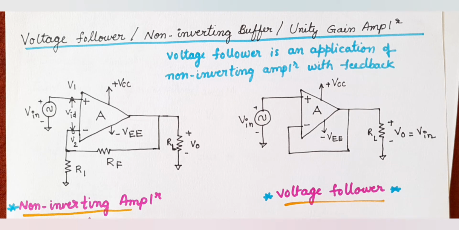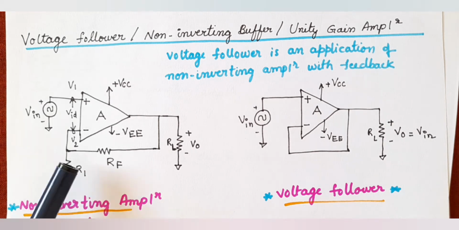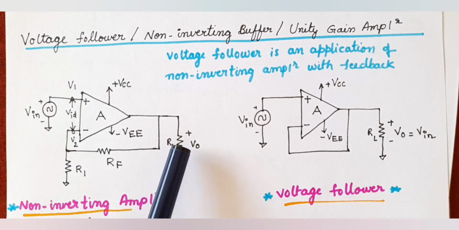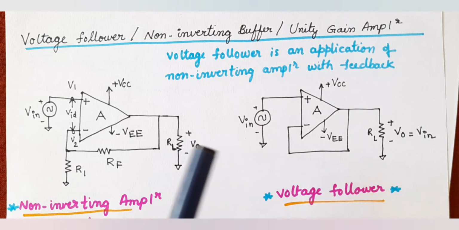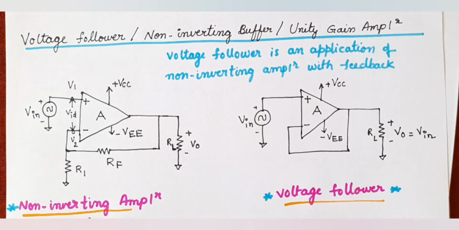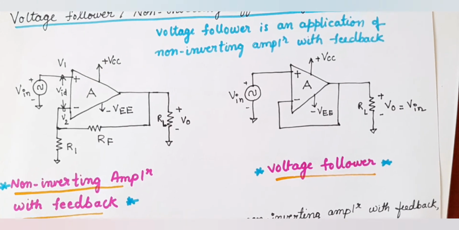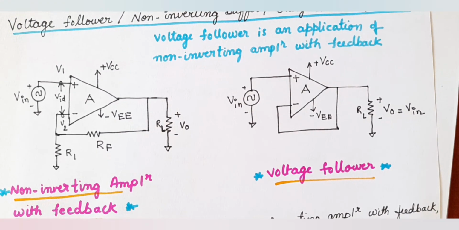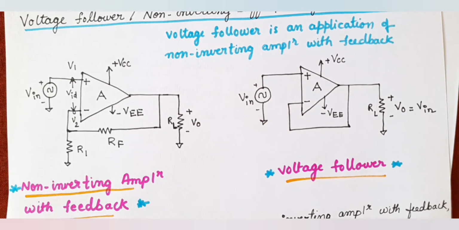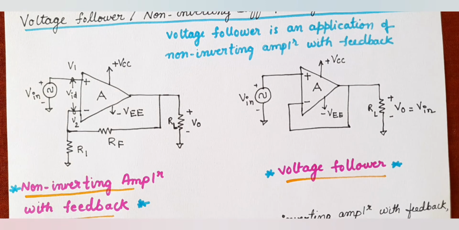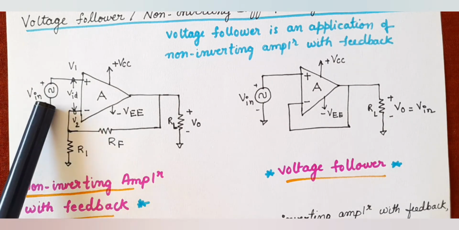This is a special case of non-inverting amplifier with feedback, or we can say voltage follower is an application of non-inverting amplifier with feedback. Why is it known as non-inverting?